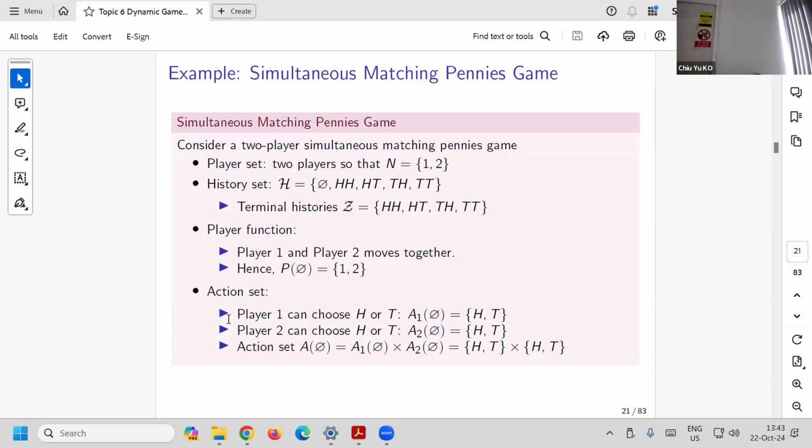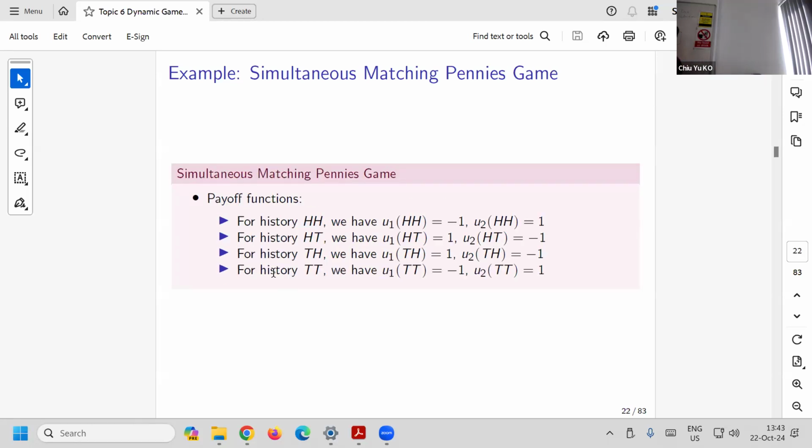So it's not contingent, right? So basically just much simpler, right? But the action set becomes this one. The history is much simpler, right? The payoff is just what are the possible outcomes and what are the payoffs, right?